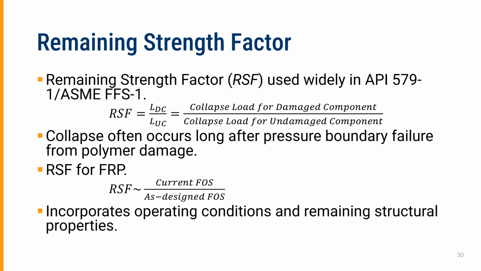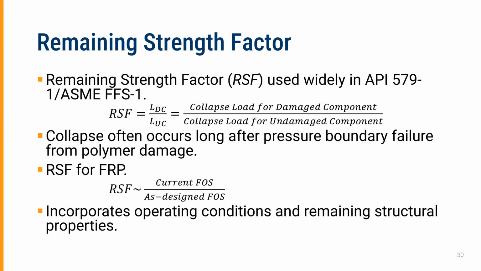Remaining strength factor is widely used in API 579. And it's defined, I think part 4 does this the best. It's the collapse load for the damaged component divided by the collapse load for the undamaged component. What happens is collapse often occurs long after we actually have a problem with the pressure boundary failure in FRP.